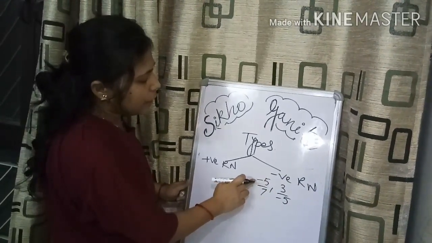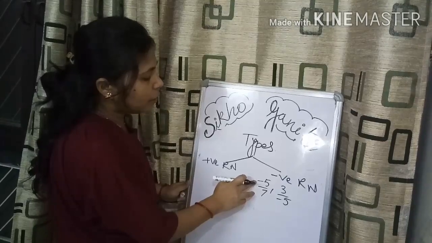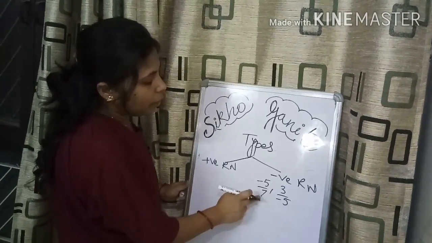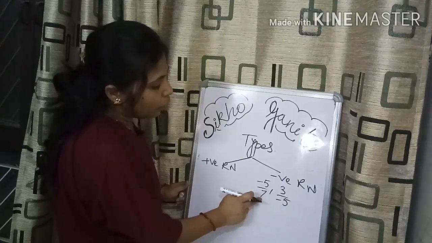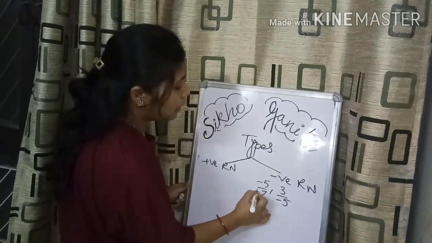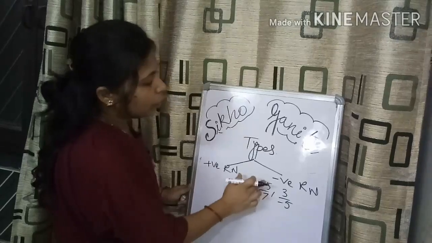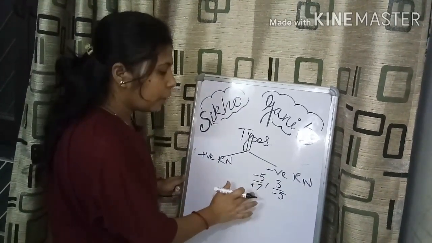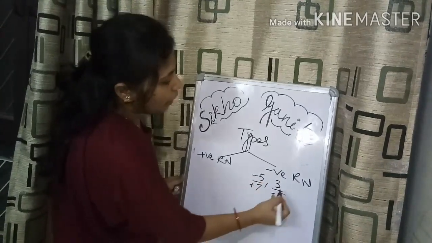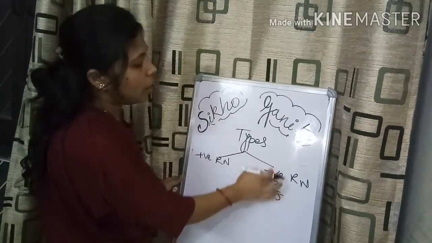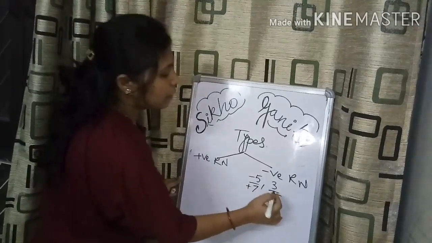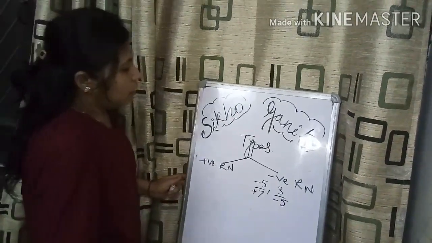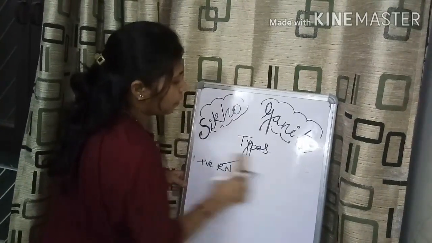Because 5 is having the negative, minus sign, and denominator is 7, which is having plus sign. So both the numerator and denominator are having different signs. That's why it is a negative rational number. Again here numerator and denominator are having different signs. So 3 upon -5 is also a negative rational number.